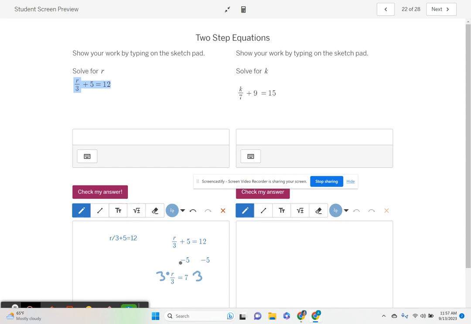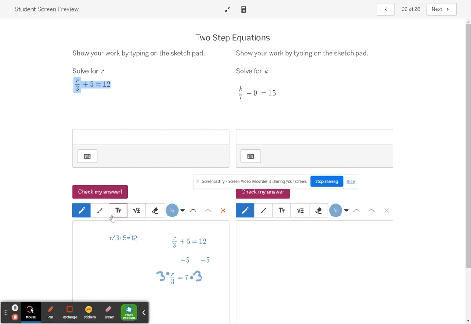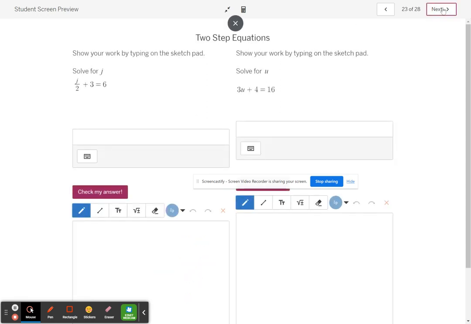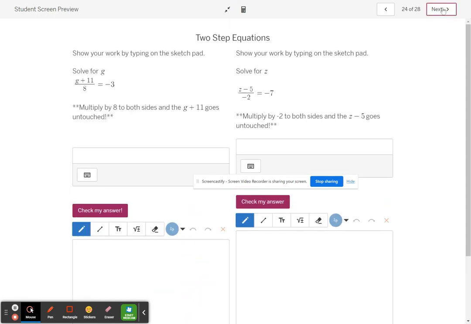Or you could type it, that's totally fine. The nice thing about the 3 divided by 3, it becomes a 1. So we're left with just R equals 21. So you can write R equals 21, or you can just write 21. So those are my expectations moving forward.